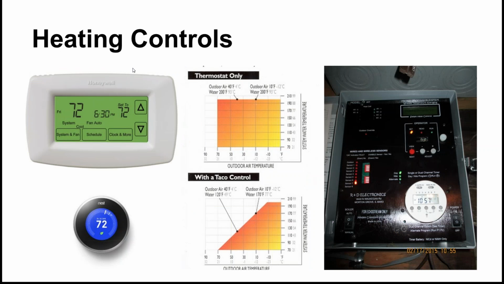Basically, you're controlling what temperature your space is at based on the day of the week and the time of day, so you can keep it cooler when you're at work in the winter, have it cool down a little bit when you're asleep and it doesn't matter, or if it's summer and you're away, keep it hotter so that you're not just heating or cooling a space that no one's using. And then on the bottom here, smarter models like Nest can be adjusted remotely. They take outdoor temperature into account, all sorts of things. Those are some really cool technologies with furnaces.